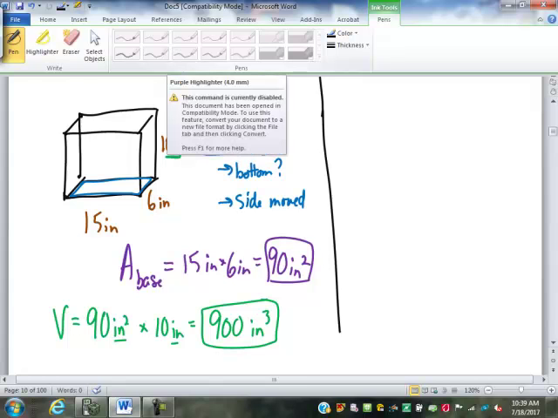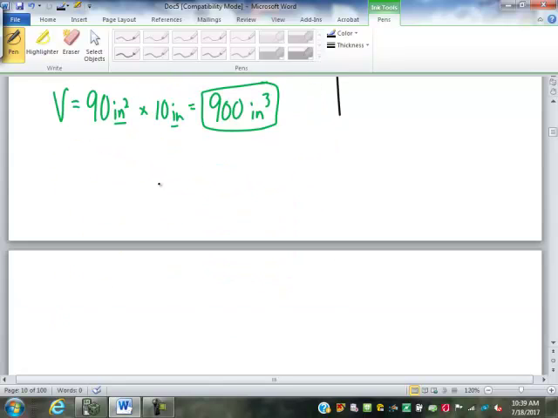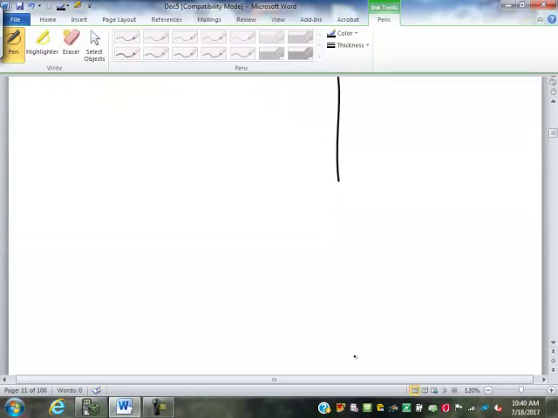So, again, you could have done length times width times height, 15 times 6 times 10, you would have got that same answer. Why don't I define it that way? Well, because our object is not always a box. What if our object looks like this?